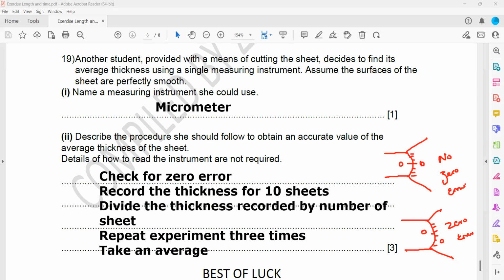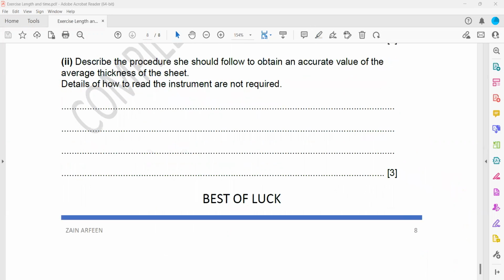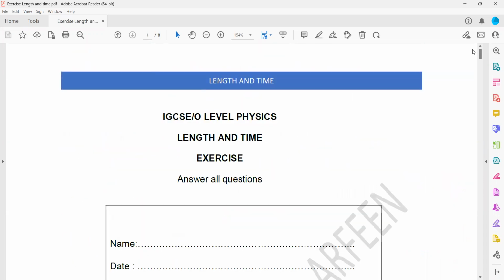We always prefer to measure greater values, because it reduces the percentage uncertainty, so we will be more certain in our results. That's why we always prefer to measure for 10 or 20. If you see the time period also, we always try to measure for 20 vibrations or 10 vibrations. So this was the weekly homework, the exercise related to the first topic, length and time.